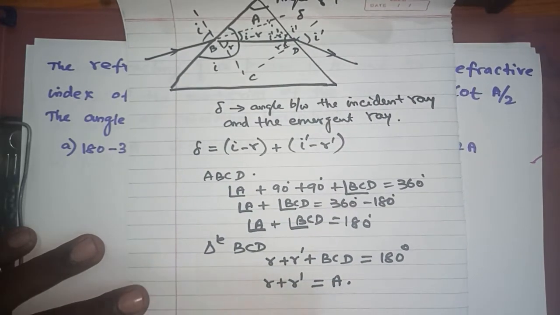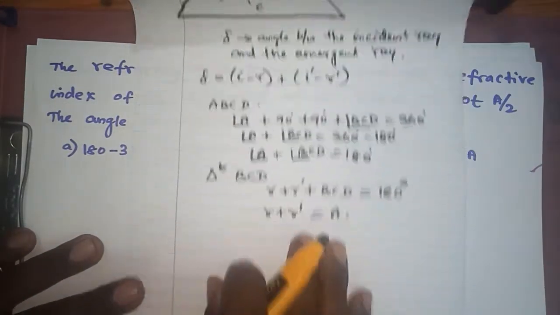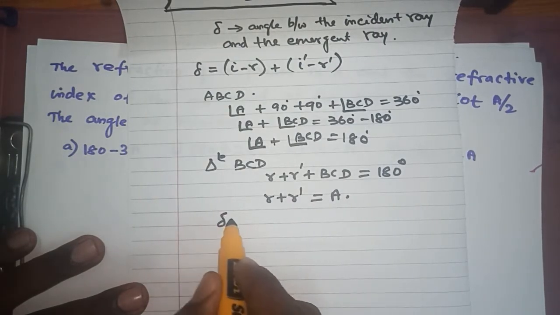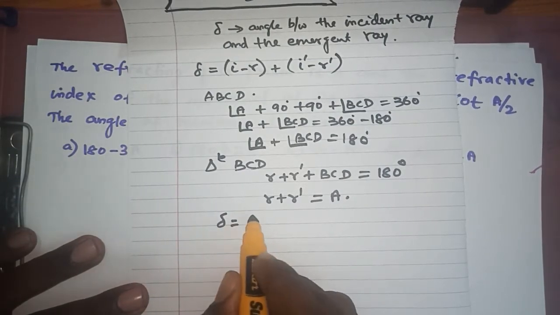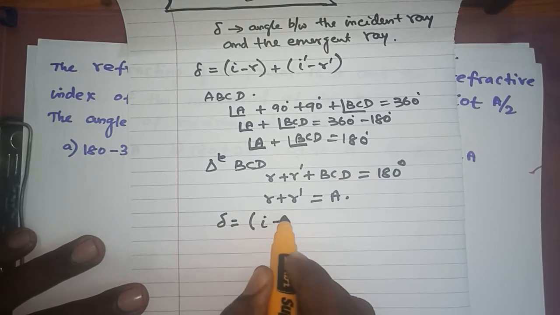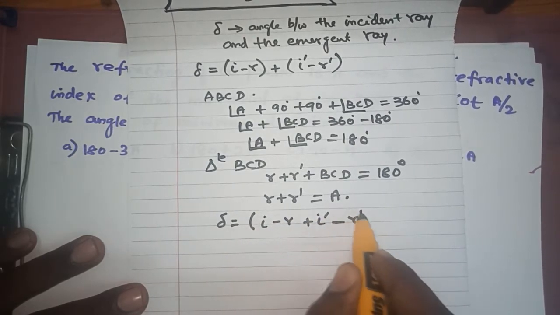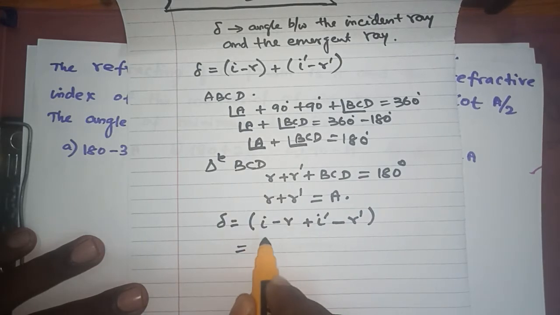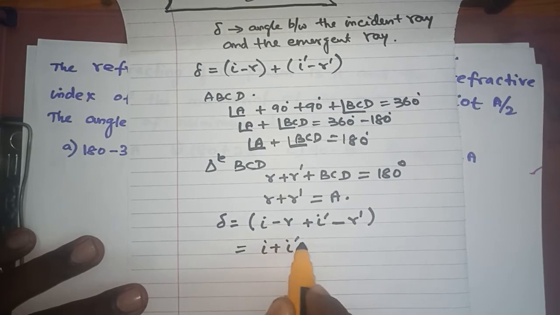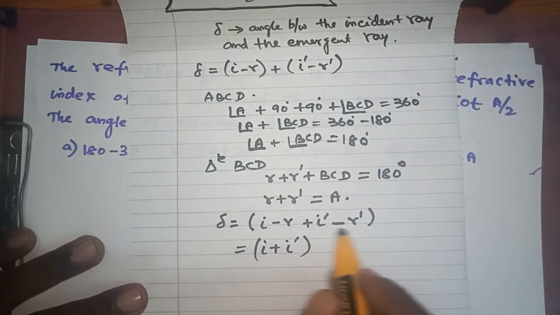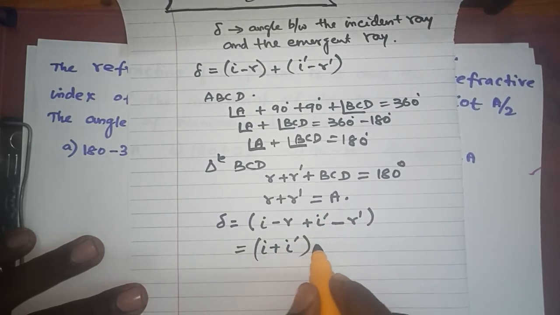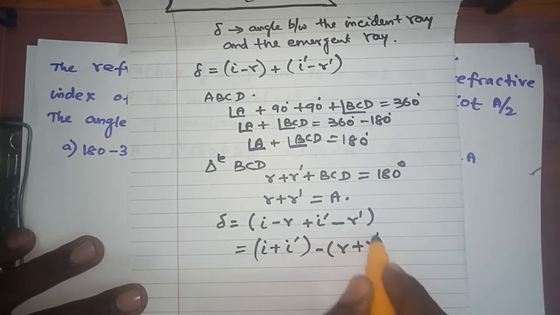Now, the angle of deviation delta is equal to I minus R plus I prime minus R prime, which is I plus I prime minus R plus R prime.